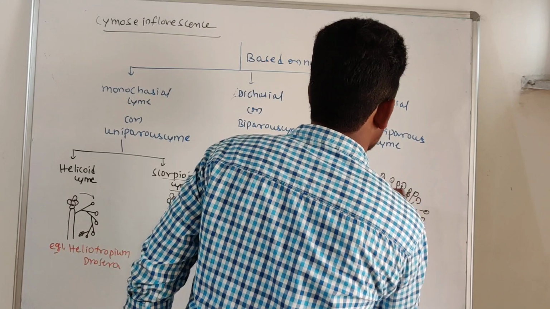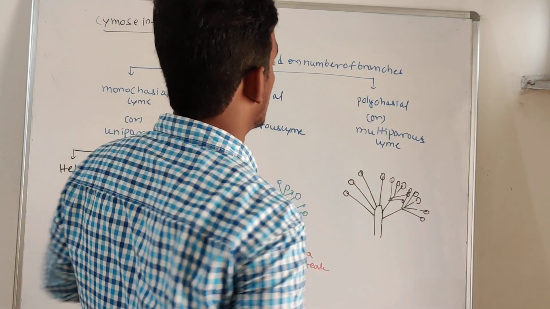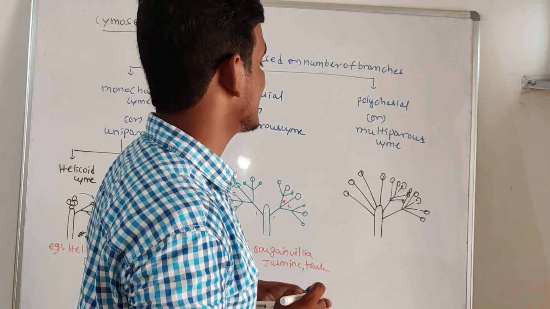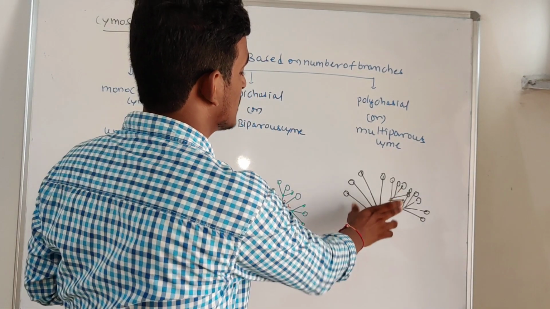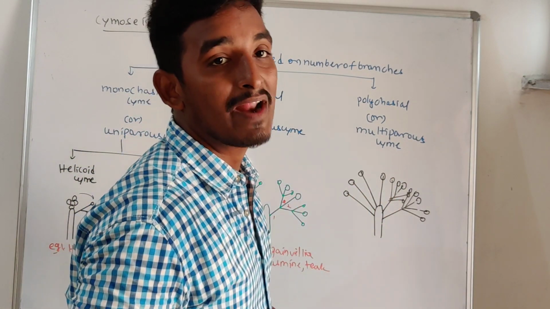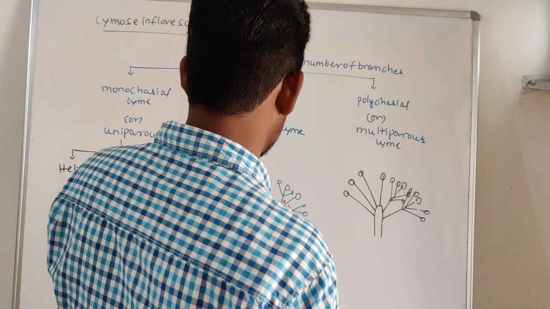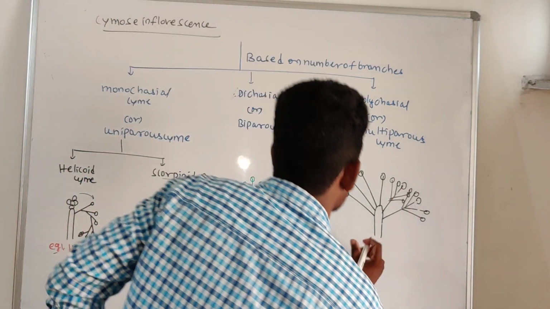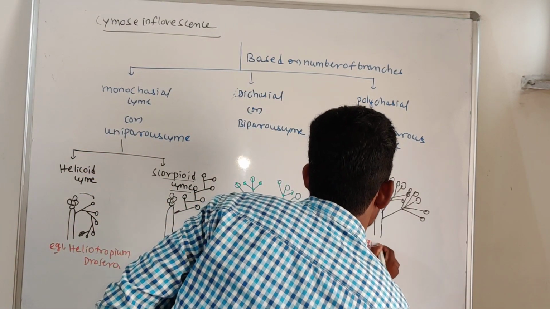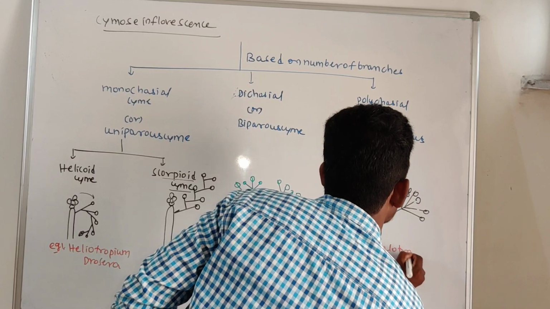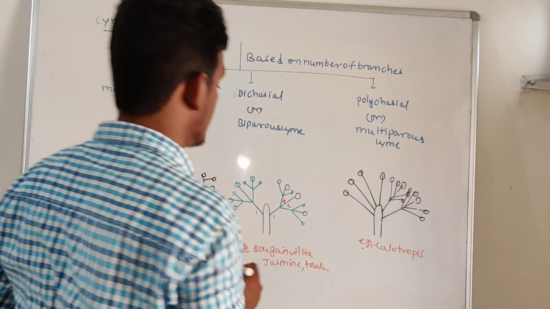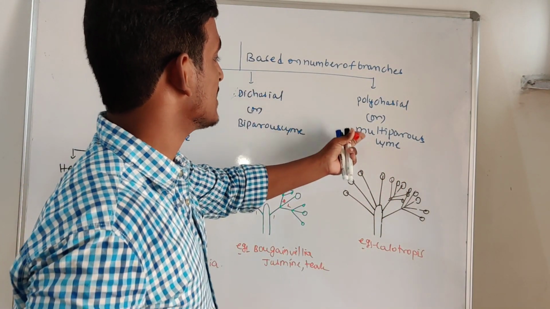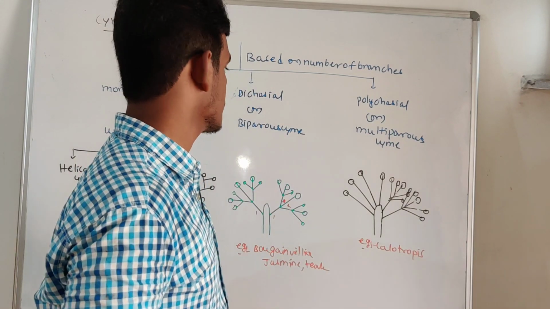This type of cyme is what we call a polychasial cyme, which means it produces more than two branches every time. An example for this is Calotropis, right? So that is the polychasial or multiparous cyme.